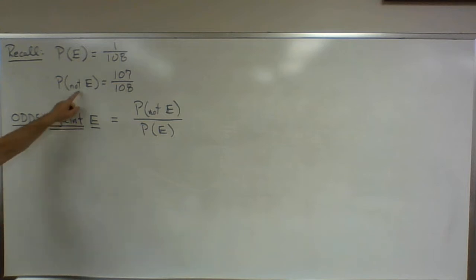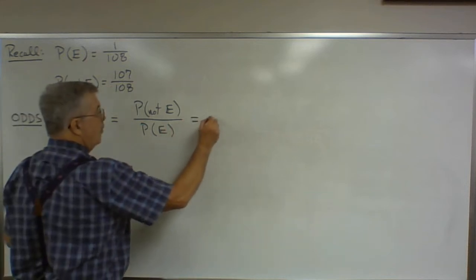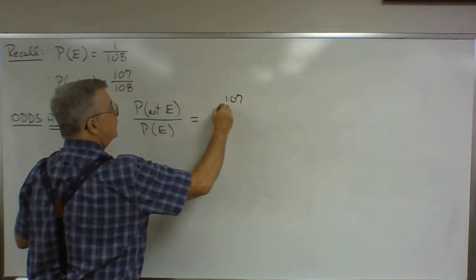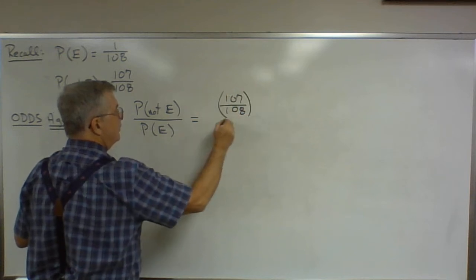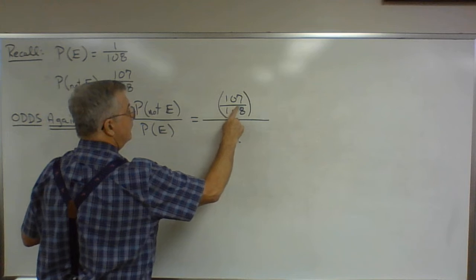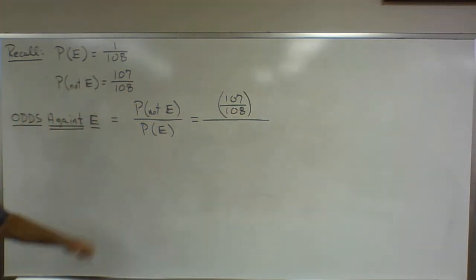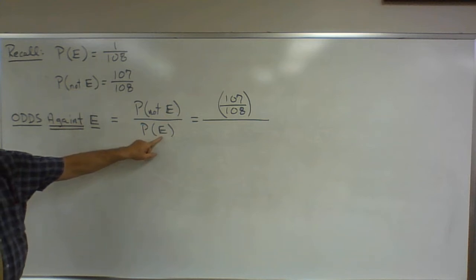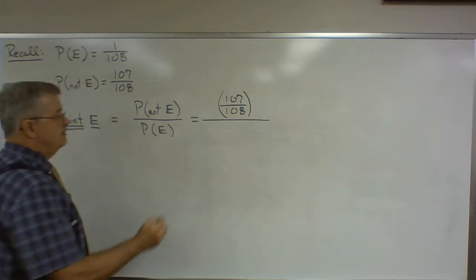And the probability that E does not occur is 107 over 108. The probability that E does occur, that's 1 over 108.